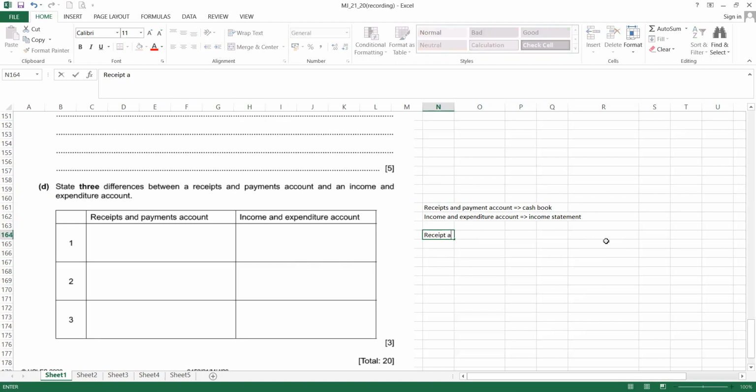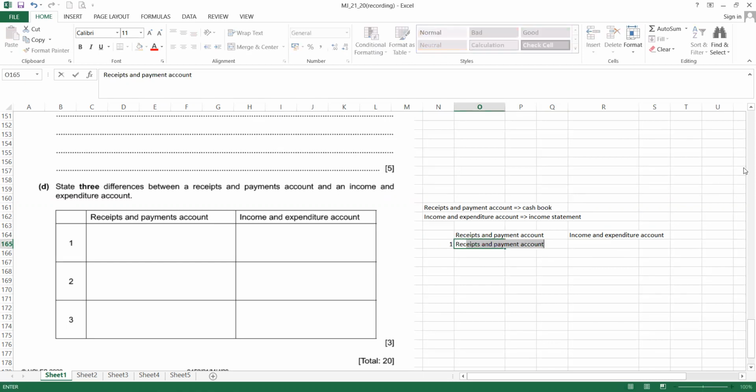So receipt and payment account, income and expenditure account. Okay. Let me put into here. Okay, number one, as I say, this one is just like a cash book. So what is the cash book purpose?